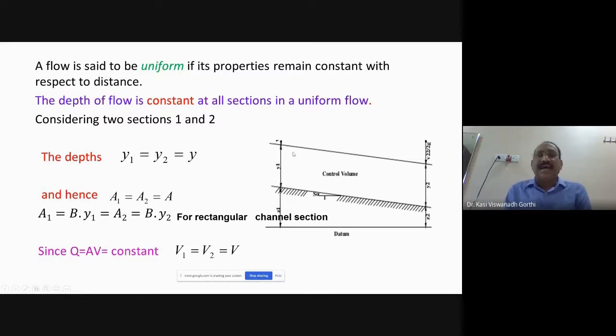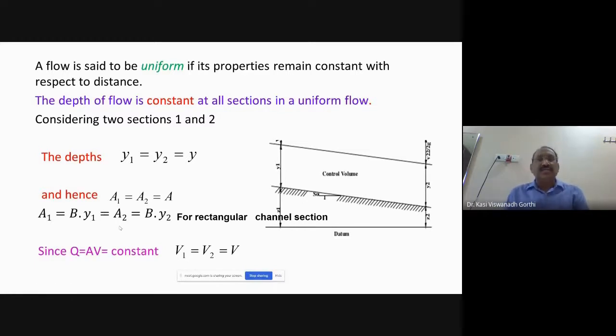So the wetted area at section 1, A1, is equal to the wetted area at section 2, A2, because the bed width B is also constant in a prismatic channel, and since y1 is equal to y2, A1 is also equal to A2.